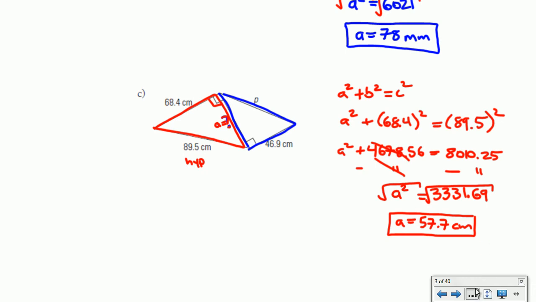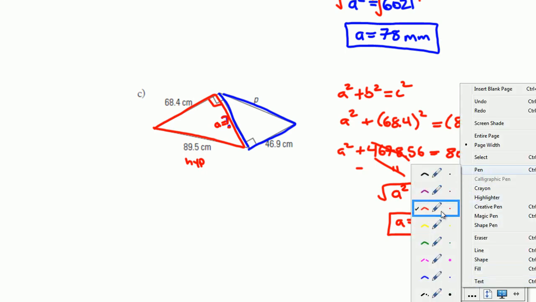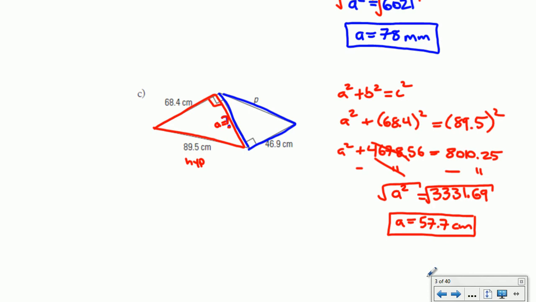So next we need to solve for p. We will still have a squared, this is b squared, and c squared will be p. So a squared plus b squared equals, we'll call it, p squared. A squared we know, 57.7, and there were some other digits in there.